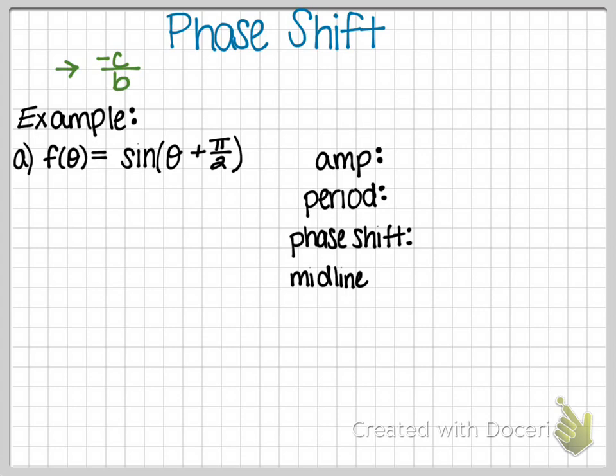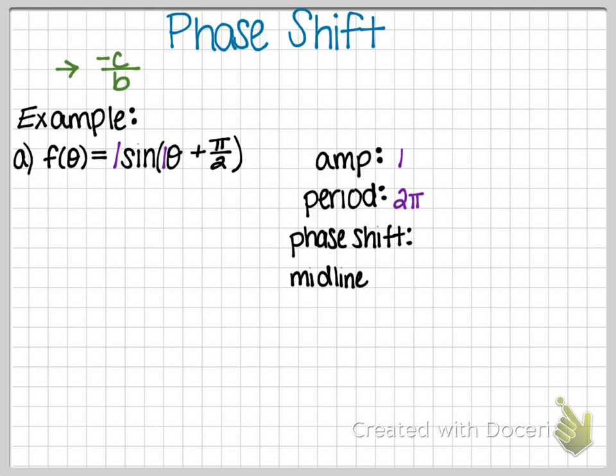So my A value here is 1, the number out in front. So my amplitude is 1. The period is going to be 2 pi because my B value right here is 1. So 2 pi over 1 is 2 pi.